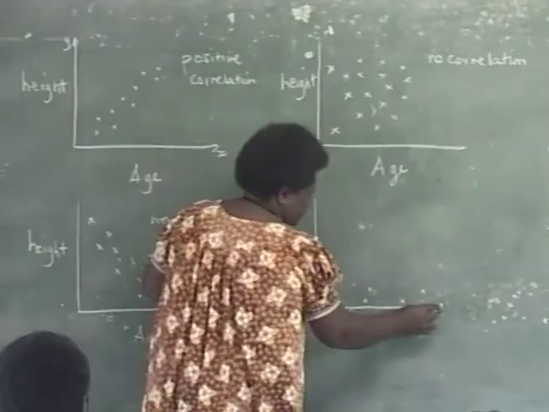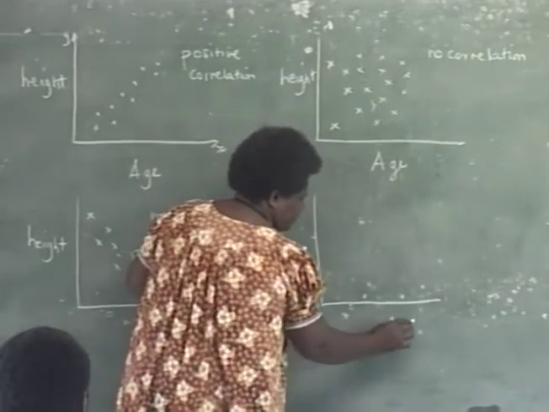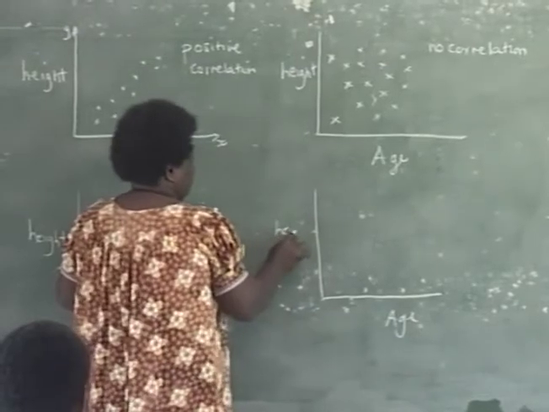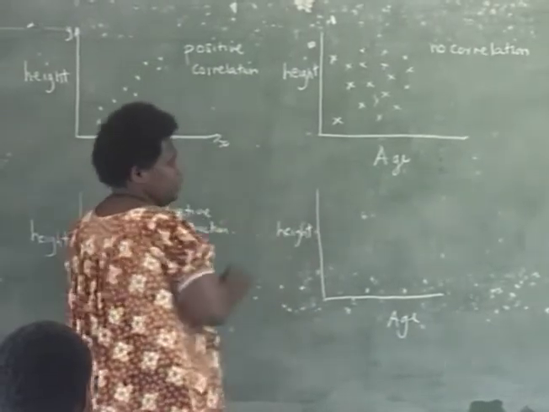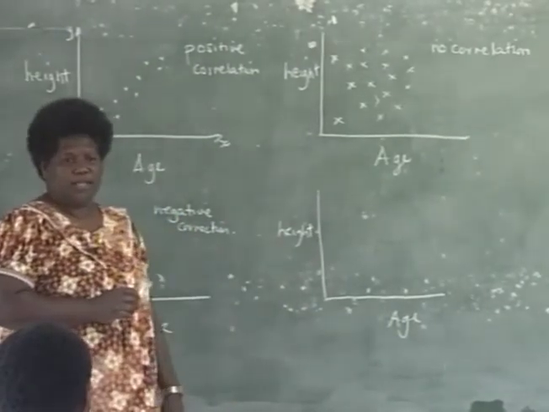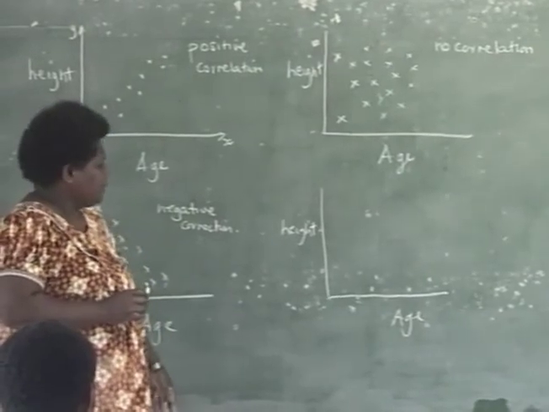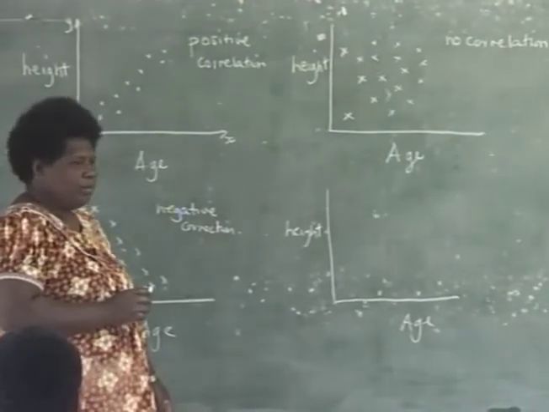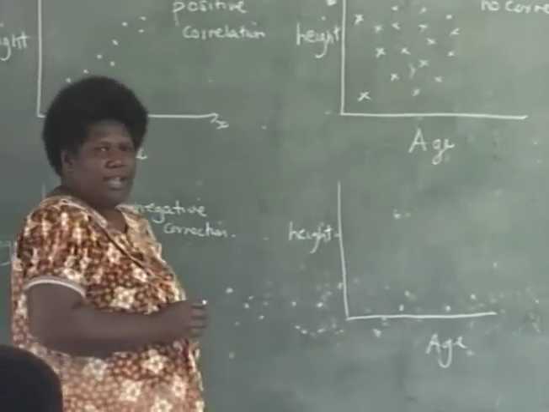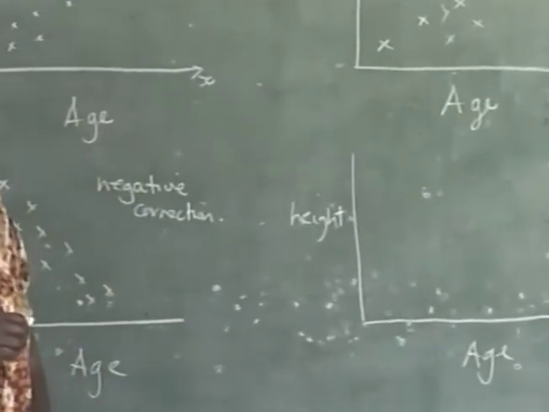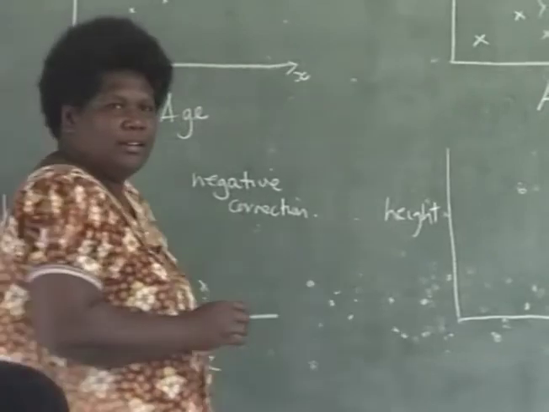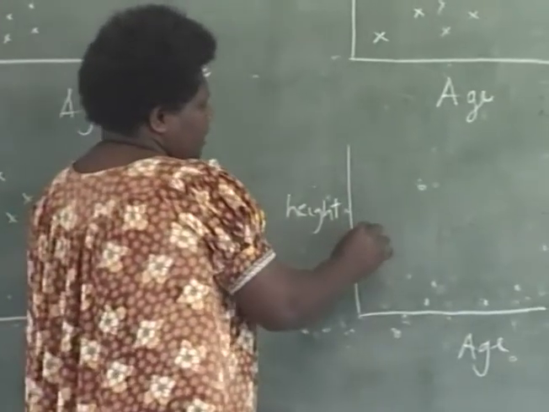On the other hand, let's say we keep traveling and we come to another planet. Now, those people, when they are born, they are the same height.